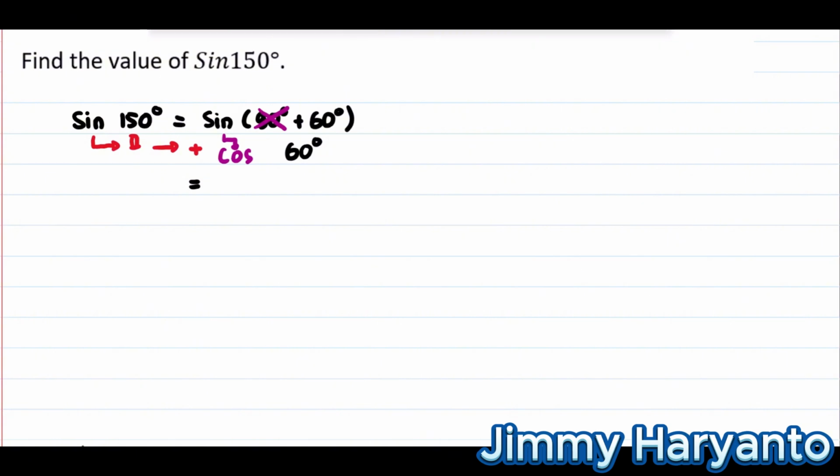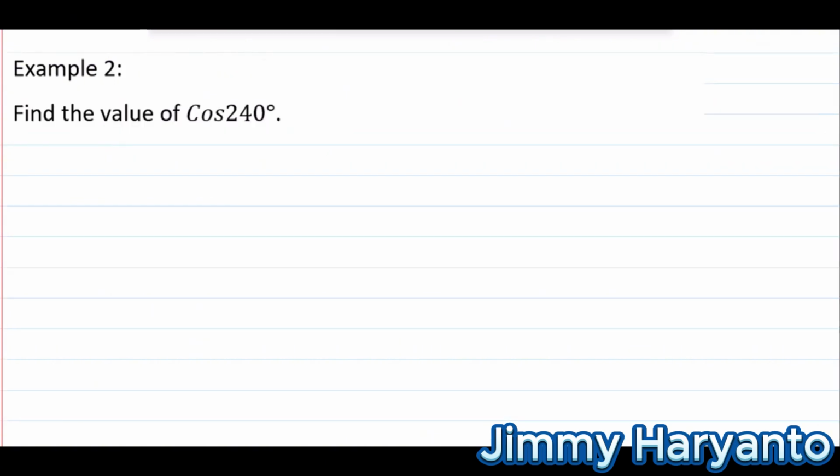Yeah, so be careful for this one. Cos 60 equals to half. That means sine 150 degree equals to positive half. It's the same with the previous answer, so do not worry, you can use the other methods also.